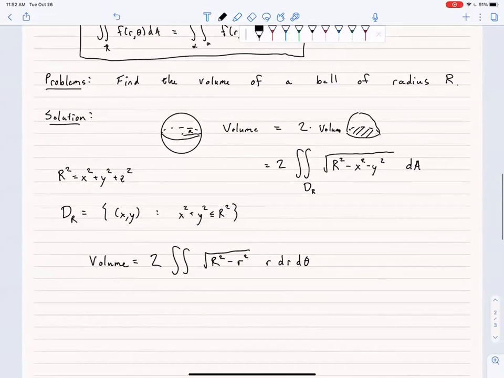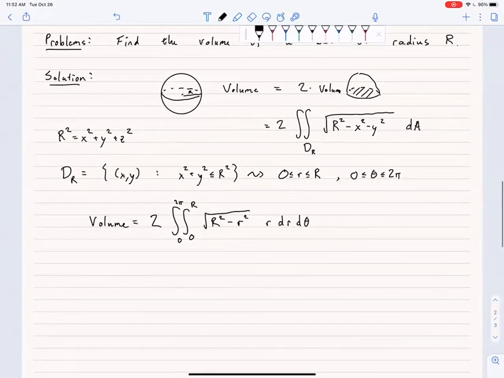Well, the disk is a polar rectangle. r is allowed to vary between 0 and the radius, and theta is allowed to be anything it wants within the polar coordinates world. So theta is allowed to vary from 0 to 2 pi. So when I put those bounds in, it's 0 to R, 0 to 2 pi.